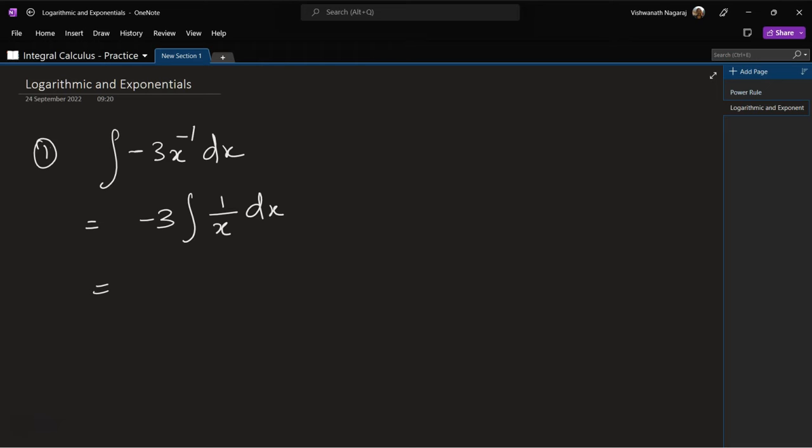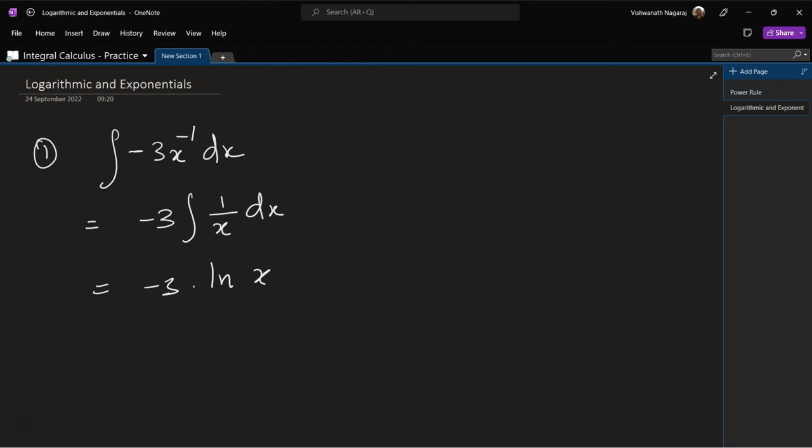So the straightforward way of figuring out the integral is to see what function, when we differentiate it, we gives us this. When we differentiate natural log of x, we get 1 by x. So that would be natural log of x.